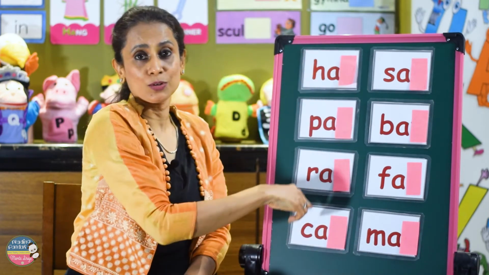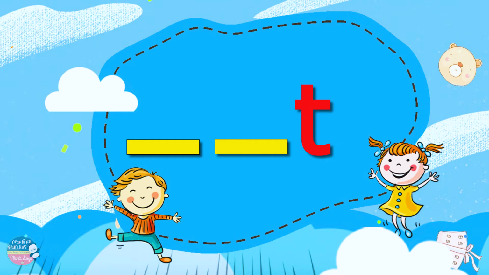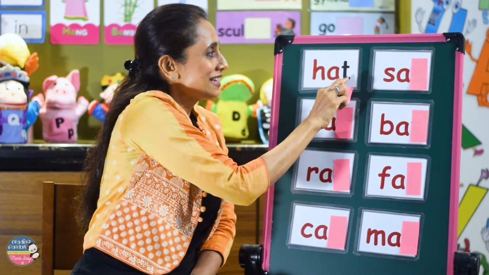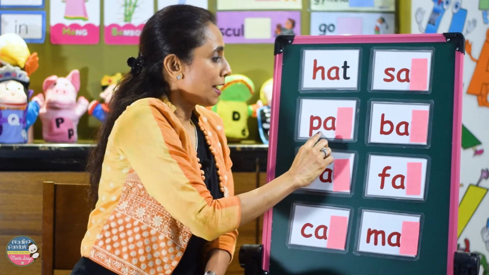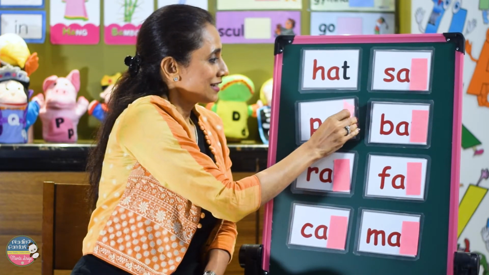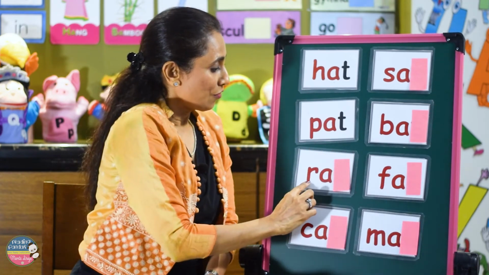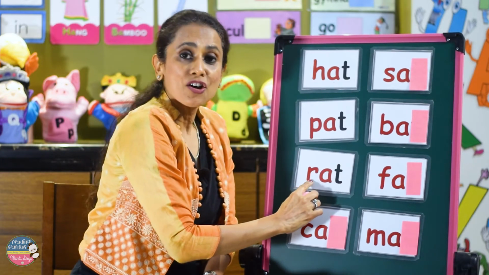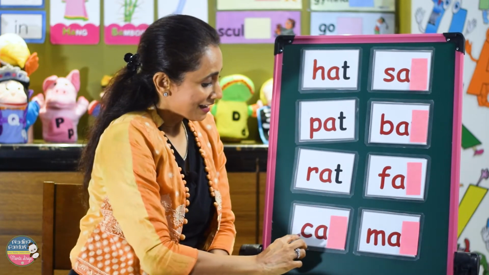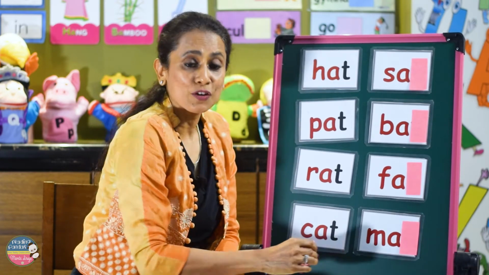Now once you are thorough with the consonant and the vowel blending, now let's get in the last sound. Hat, hat, pat, bat, rat, cat, cat. Very good.